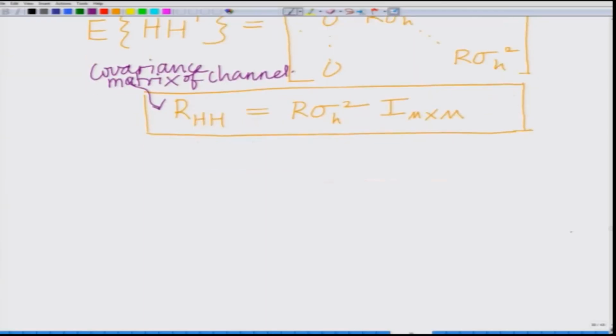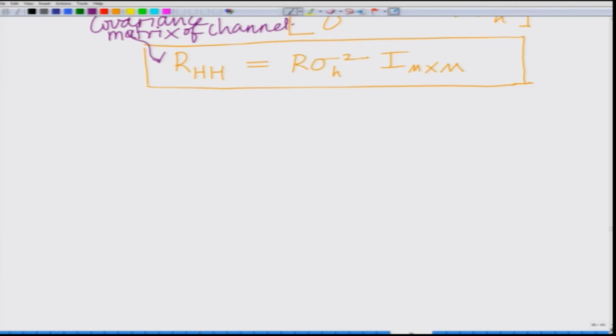So, the noise covariance can be computed in a similar fashion to the channel covariance.